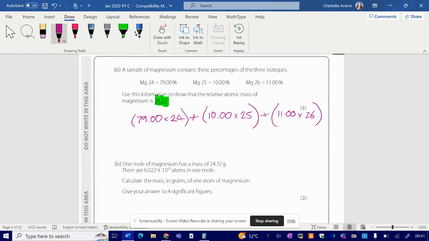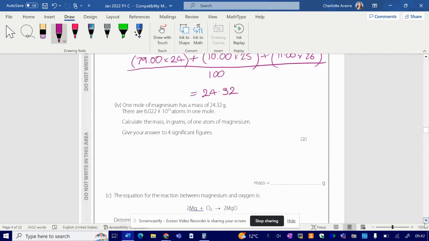And once you have that number, you then divide by 100. It doesn't matter if you decide to do that in one step and you first work out your top line and then separately divide it by 100, or if you choose to do it all in one go, as long as you make sure you get your BODMAS right. And if you do, you get an answer of 24.32. So your answer there is for your working.